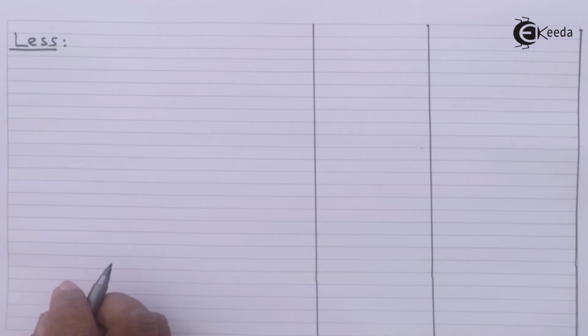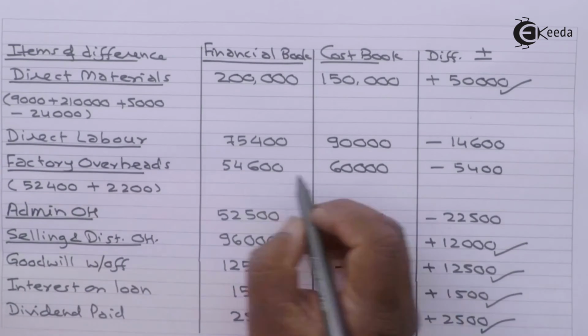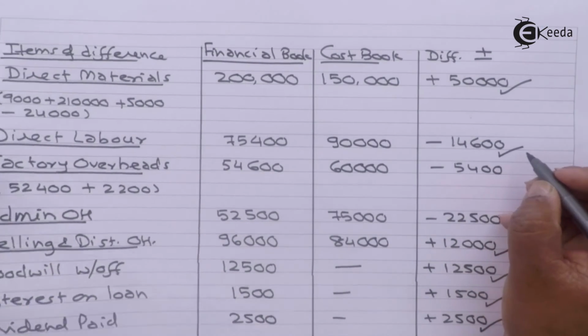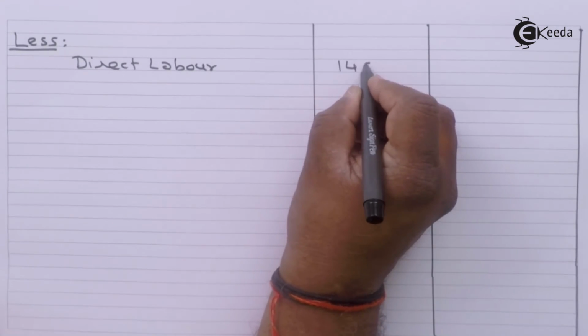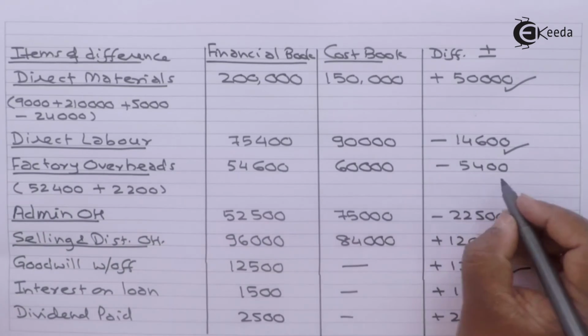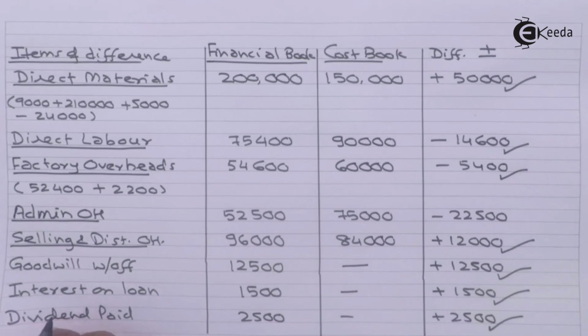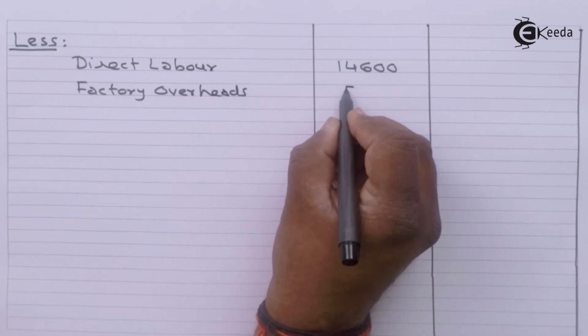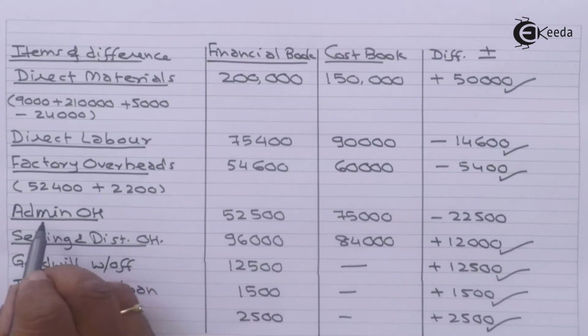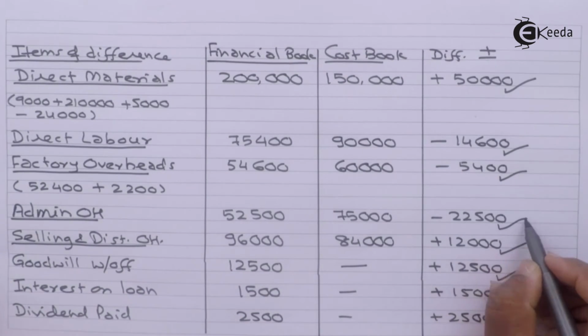Now items which are to be deducted: direct labor 14,600. Factory overheads 5,400. Administration overheads 22,500.